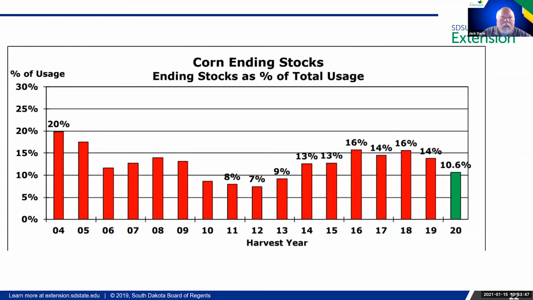So anything that affects yield or use could have a bigger impact than when we're out here and have those larger buffers of, say, 16% stocks to use. We're getting back to that level that we were in 13, 14 type time frame.